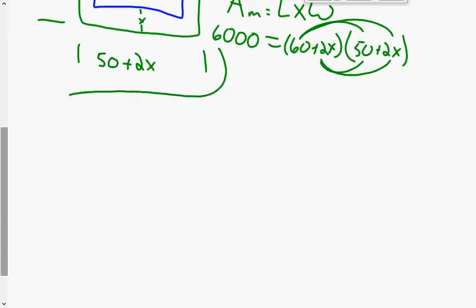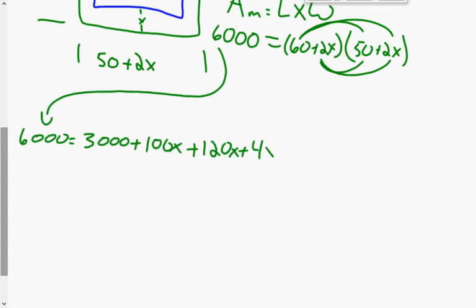I'm going to continue it down from here. 6,000 equals. Okay, so I just did the multiplication. I didn't combine any like terms or anything like that, okay?